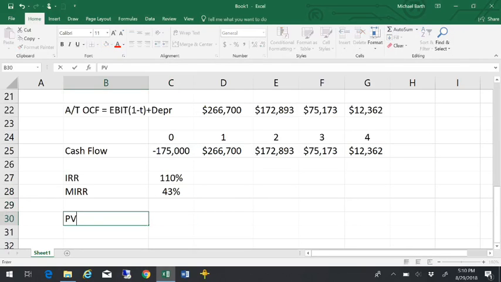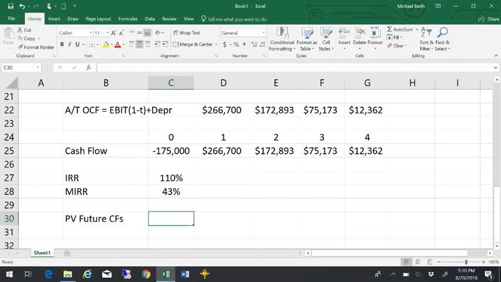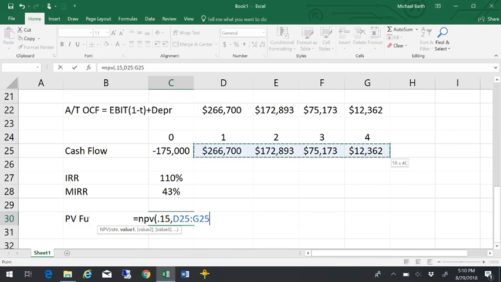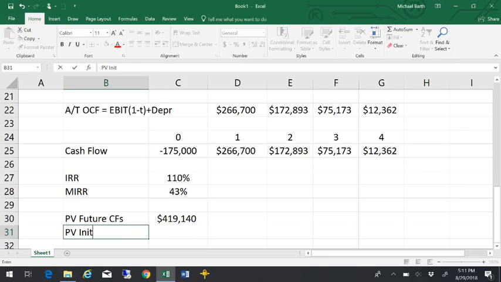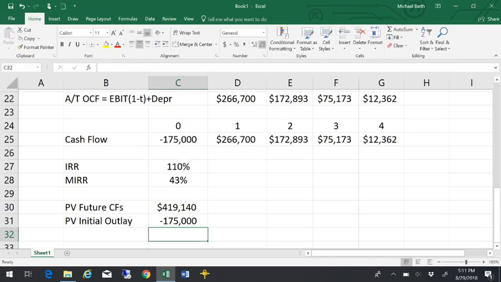The present value of the future cash flows, use the NPV function, NPV, 15%, and then take the present value of these other cash flows, 419,000 and change. The present value of the initial outlay would be the 175,000.